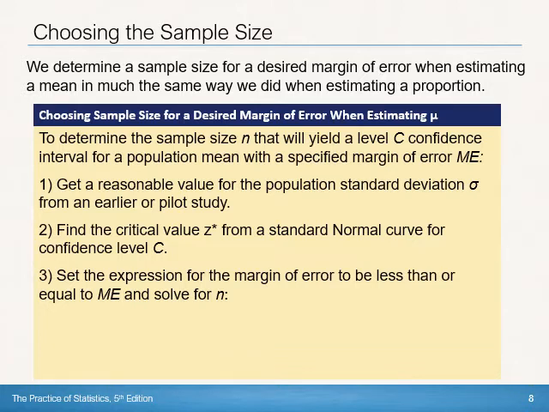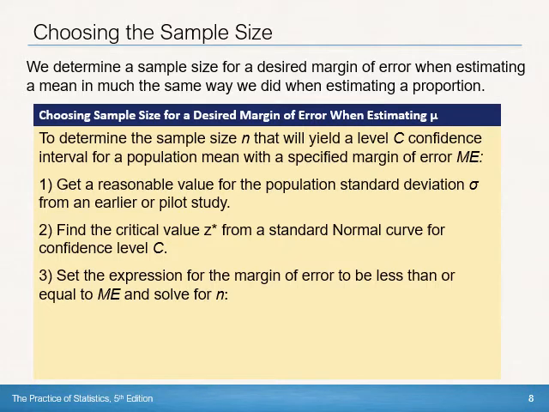First, we're going to get a reasonable value for sigma from a previous study or from a pilot study. Number 2: the problem with not knowing our sample size, because we're trying to determine that, is that we cannot calculate our critical T value, since we also don't know our degrees of freedom.